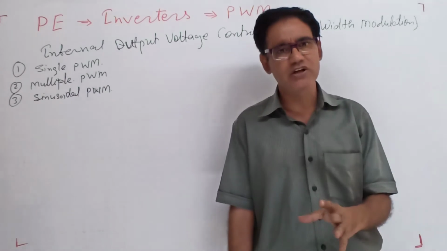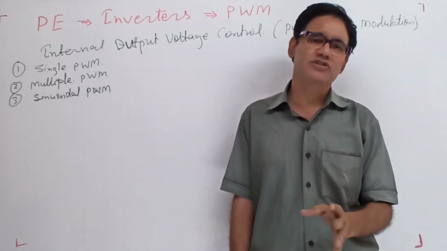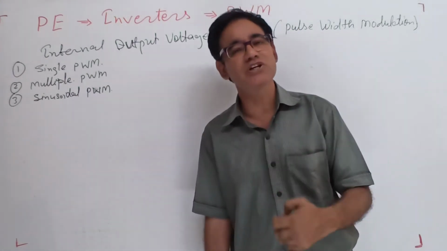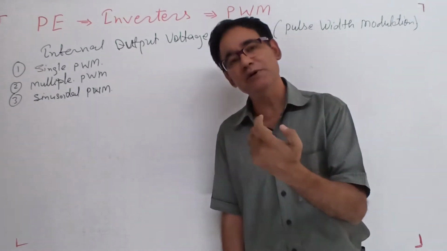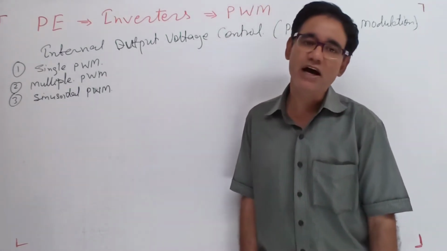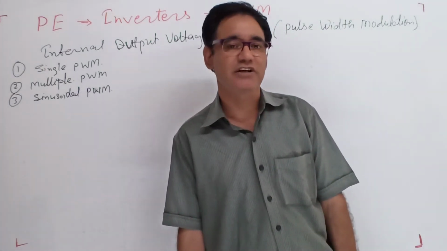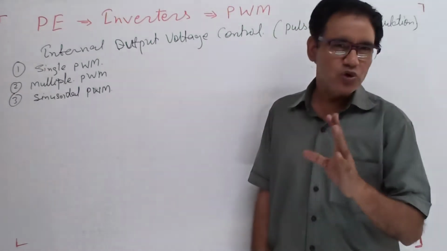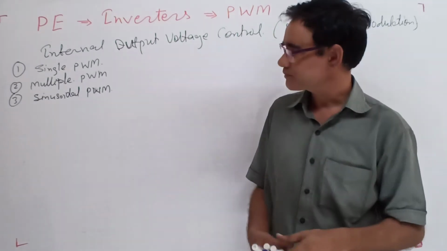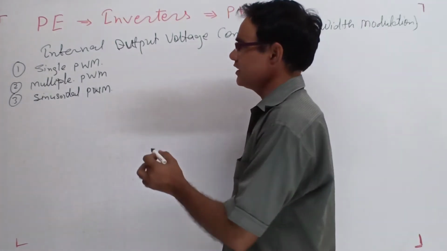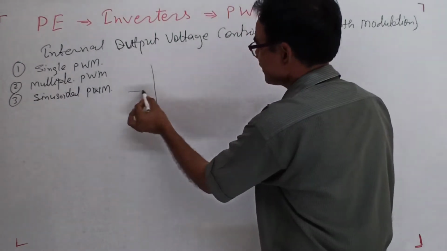We will study over here the three techniques: single pulse width modulation, multiple pulse width modulation, and sinusoidal pulse width modulation techniques. So in these modulation techniques, what is the single pulse width modulation technique?